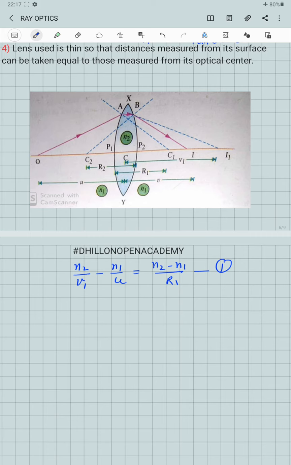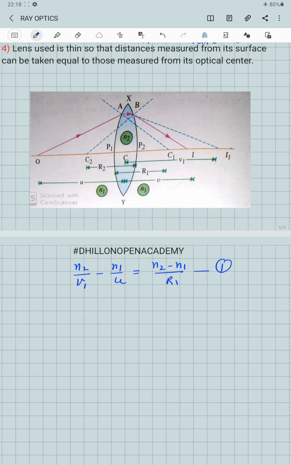This means that if we go according to our assumption that our XP2Y surface is not existing, but a denser medium of refractive index N2 is extending up to infinity, in that case the point I1 will act as the virtual object for the surface XP2Y, for which when the light coming from it suffers refraction from the surface, it is going to finally strike at the point I, thereby forming a real and final image of the point object O.